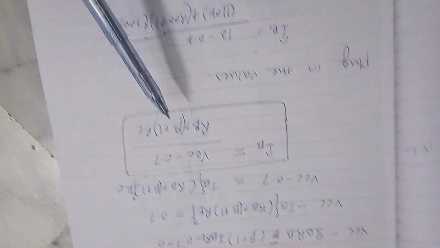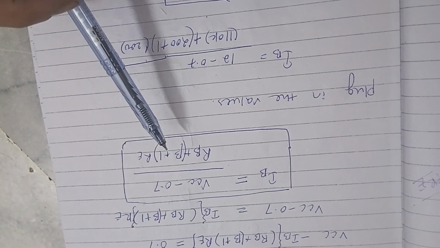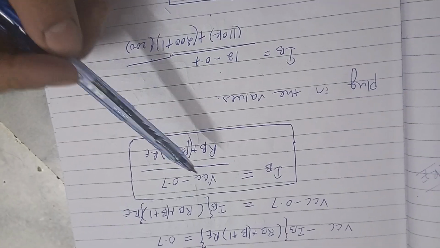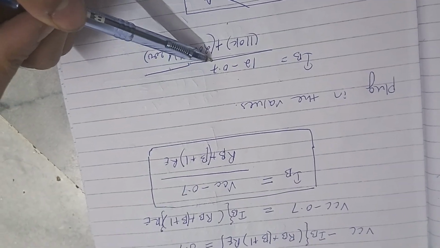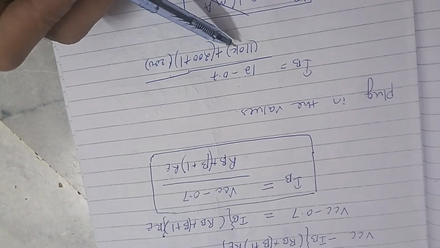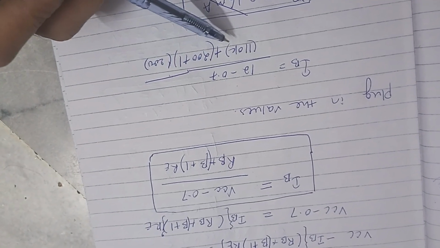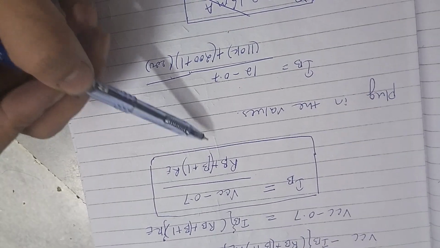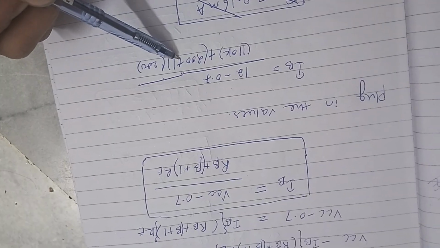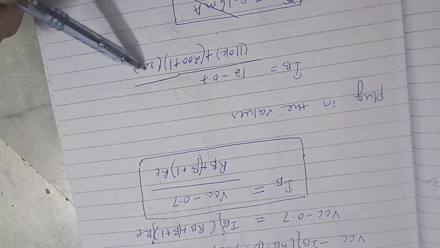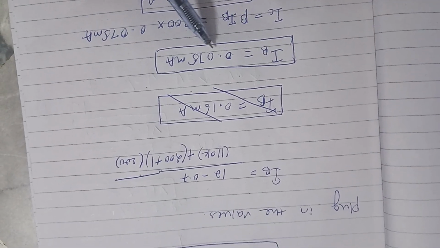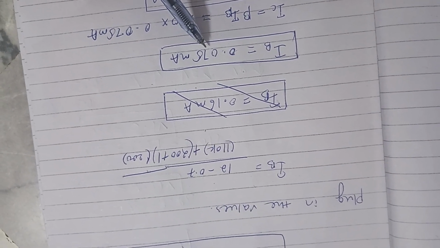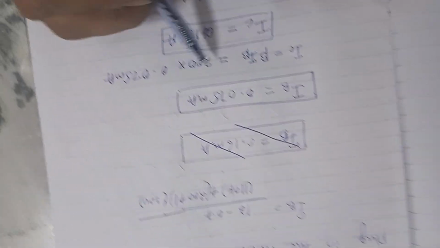Now we plug in all our values from the circuit. VCC was 12 volts, the drop was 0.7, RB was 110k, beta was given as 200, and RE was 200 ohms. So we get a base current of 0.075 milliamps.